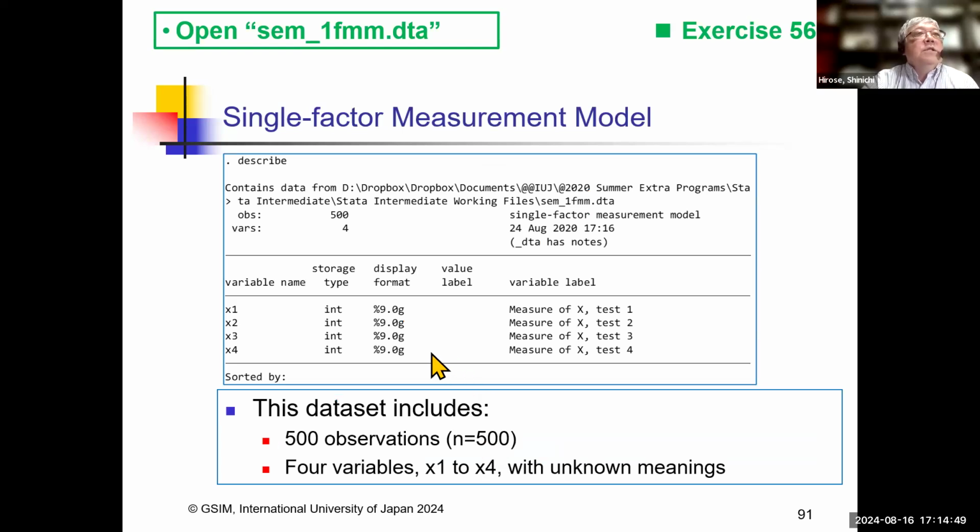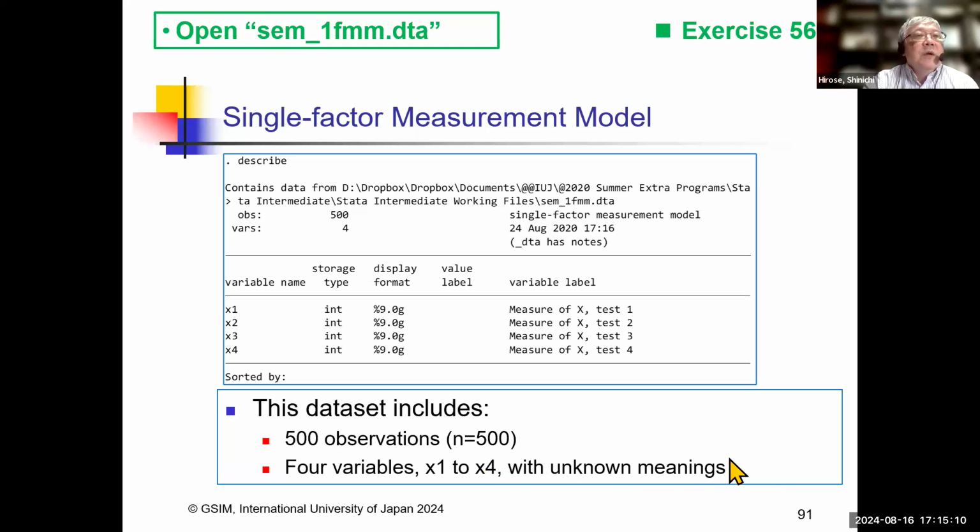So, let's start with the single factor measurement model. SEM1FM.dta, which is the data file, contains 500 observations and four variables, x1 to x4.